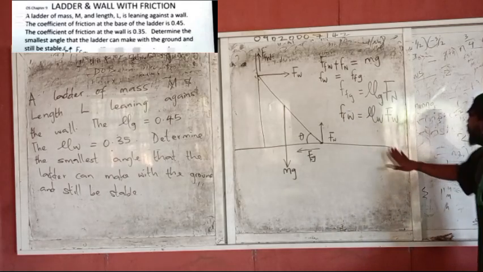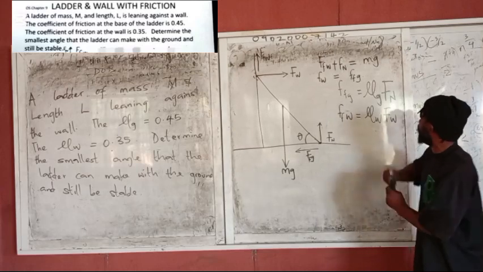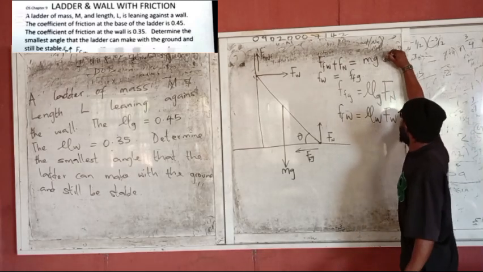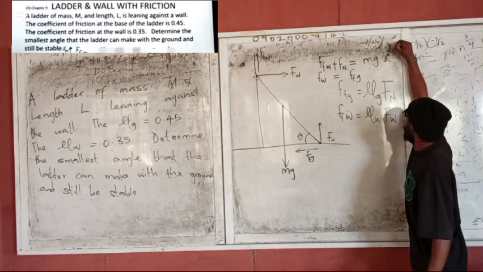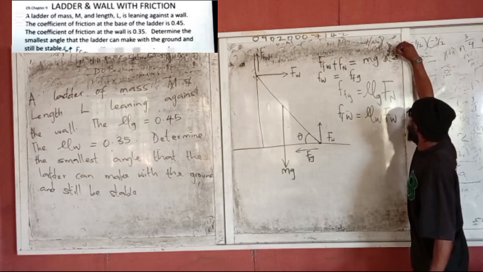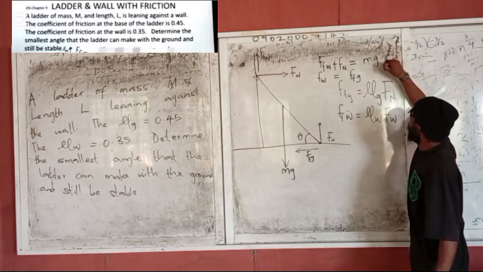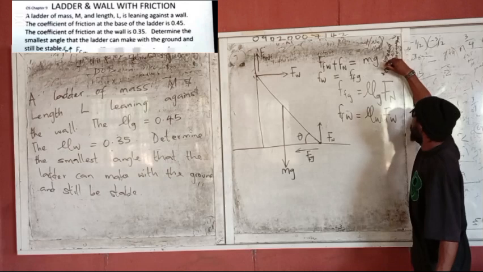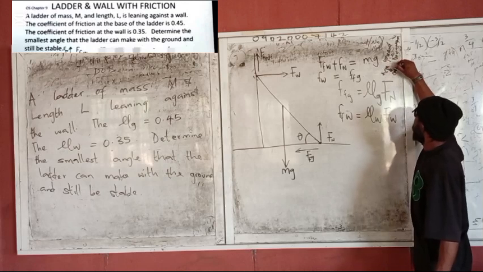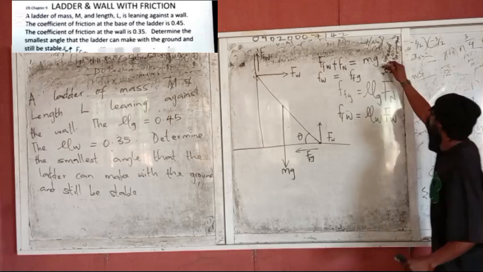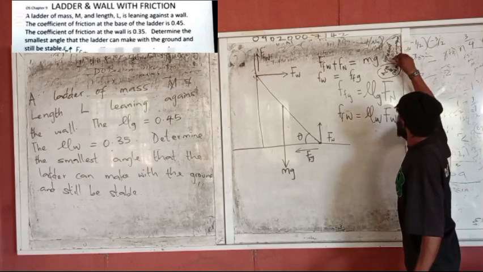I just want us to be checking all these things out first. So we've been able to pull out upward equals downward, and we've been able to pull out anti-clockwise moment equals clockwise moment. Two things.